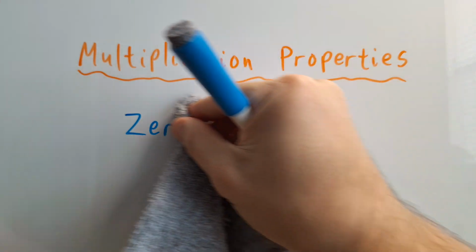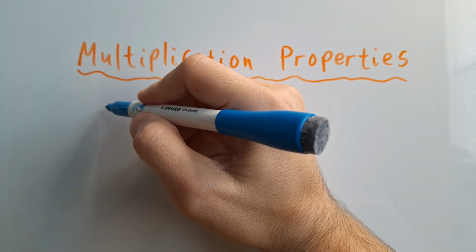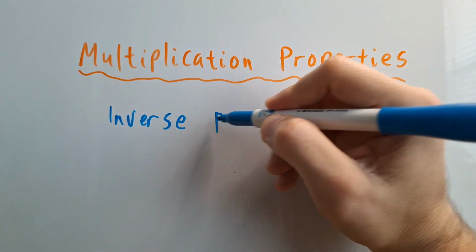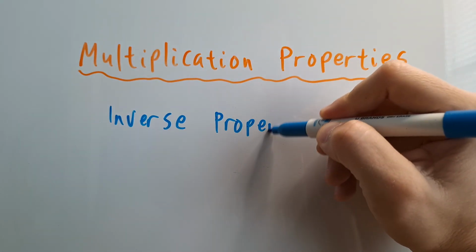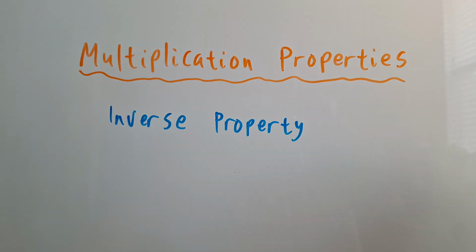I'm going to show you one more for this video. And much like how we had one of these for addition, there is one for multiplication as well, and that is the inverse property. So here's what it means for multiplication.